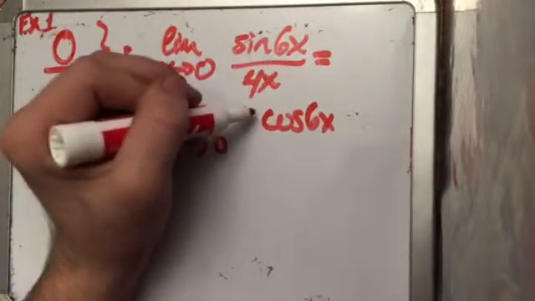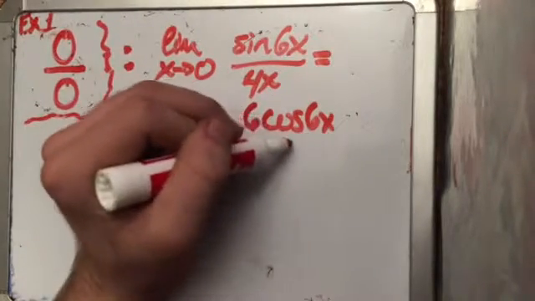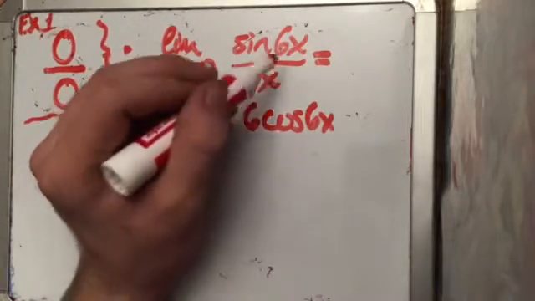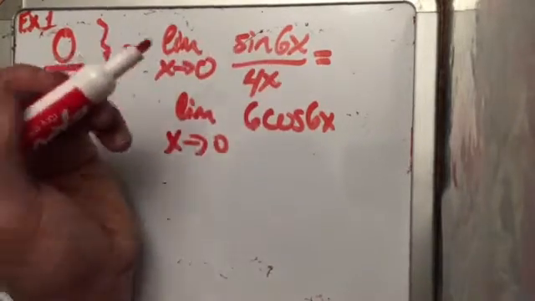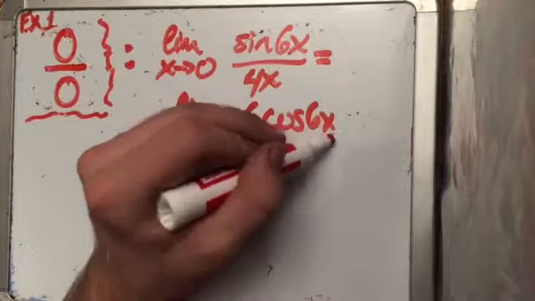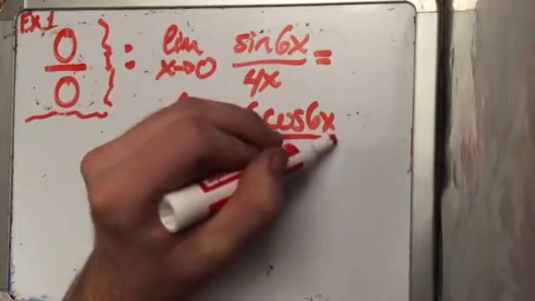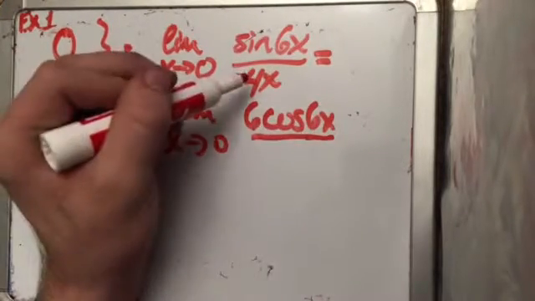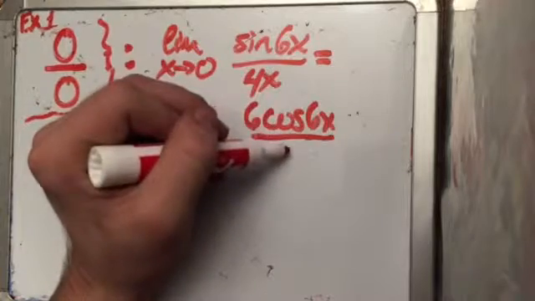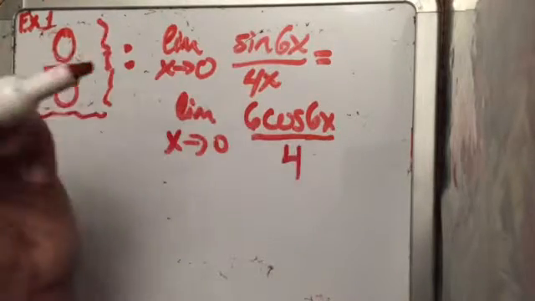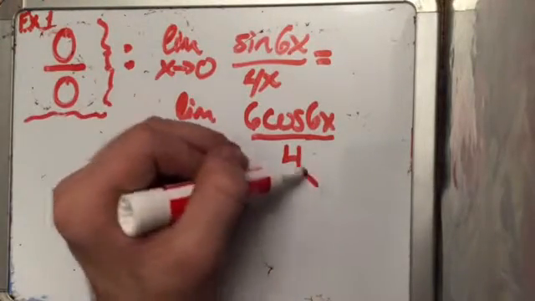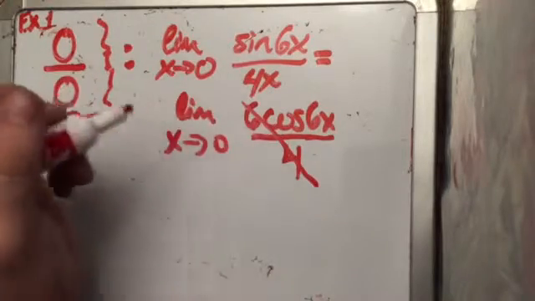So the subject doesn't change, it's cosine of. And so evaluating the derivative of 6x using the chain rule, we get just 6 as a multiple of cosine. And then the derivative of 4x is just 4. So we could simplify this real quick.